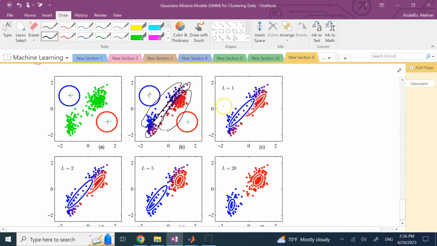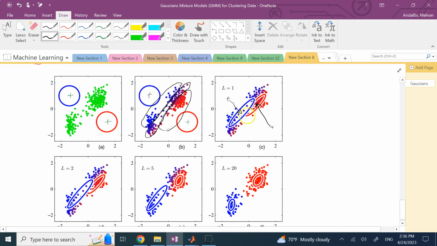So I have to move their centers to somewhere more central to the data. You see clearly that my previous centers are shifted, and now they're closer to being the center of all of these data instead of these off center points. And the shape of the distribution, instead of being a circle, is now elliptic, because that's how the data is spread. It's like an ellipse.